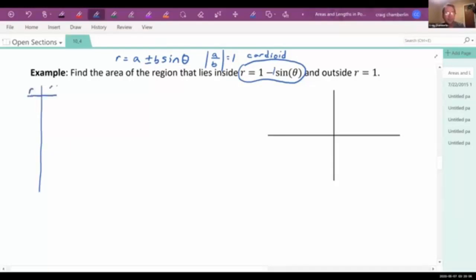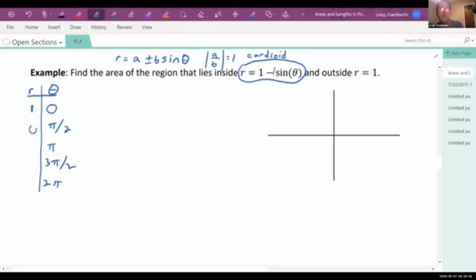So anyway, r and theta, I don't have to have a great picture here. So I'm just going to plot 0 for theta, pi halves, pi, 3 pi over 2. And then if you go all the way around, you'll have the same r value as if you plug in 0, if you plug in 2 pi. If you plug in 0, the sine of 0 is 0, so you must have an r value of 1. If you plug in pi over 2, the sine of pi over 2 is 1, and 1 minus 1 is 0.